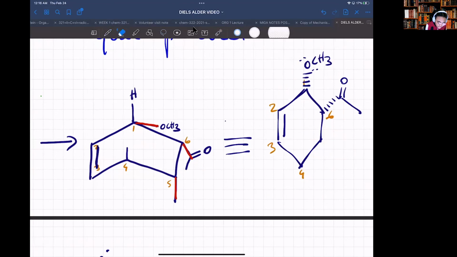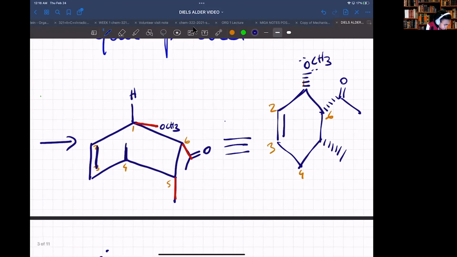You see the 6 and 5 groups, the groups of the dienophile, are pointing on the same side as the outside group of the diene. So it's important. And 4 is pointing up. Remember, this is 4. It's pointing up, so I'm going to do this. And that's how I transition between the two structures.